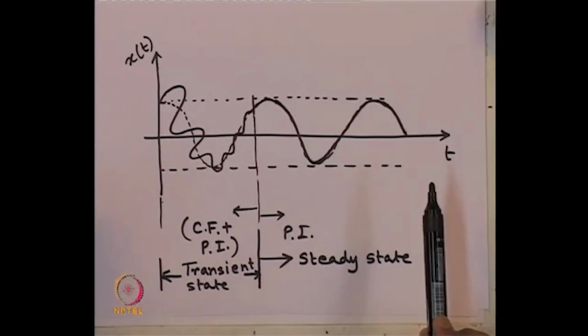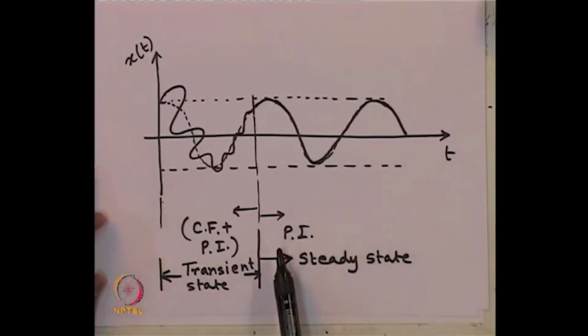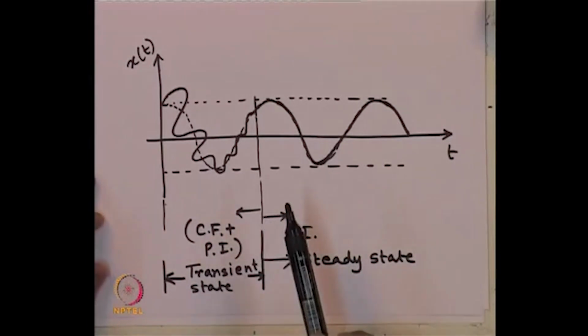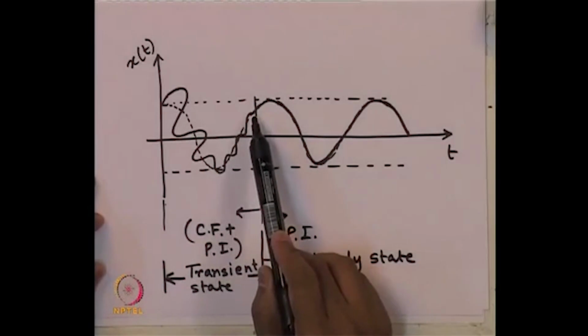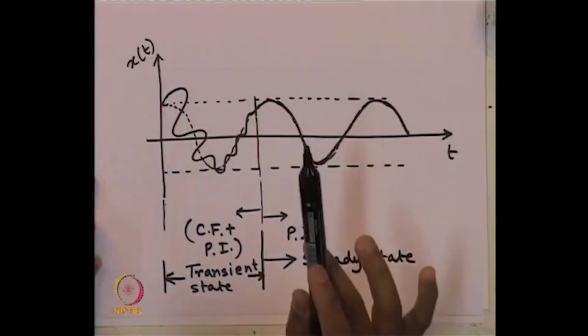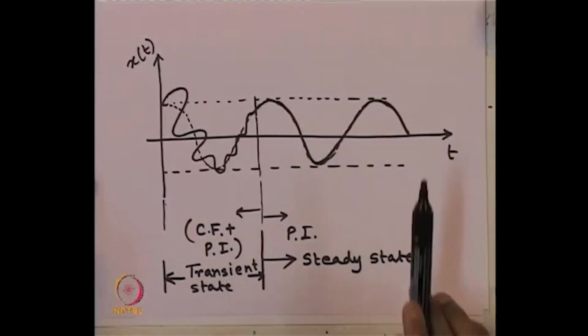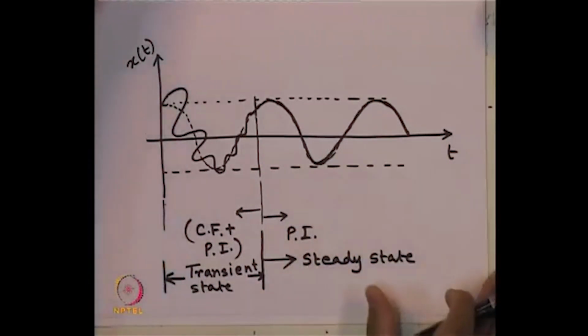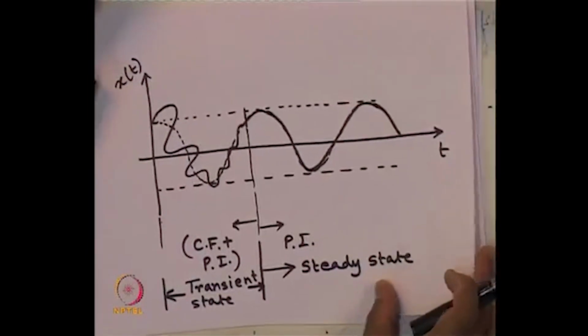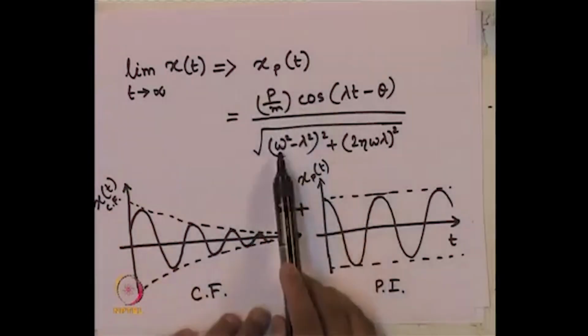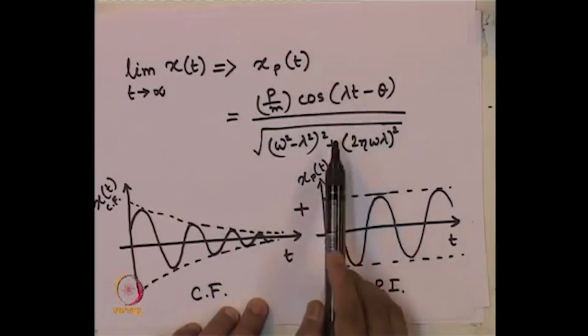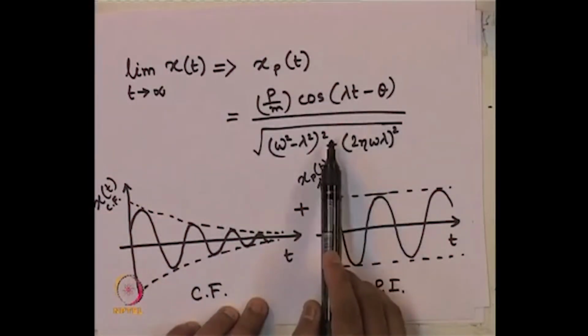Or if we want to generalize more, the steady state of the system has been reached when the initial conditions have died down. The effect of initial conditions is no longer existing, because if you look at the solution once again, in this solution of x p of t, there is no x naught, no x naught dot.